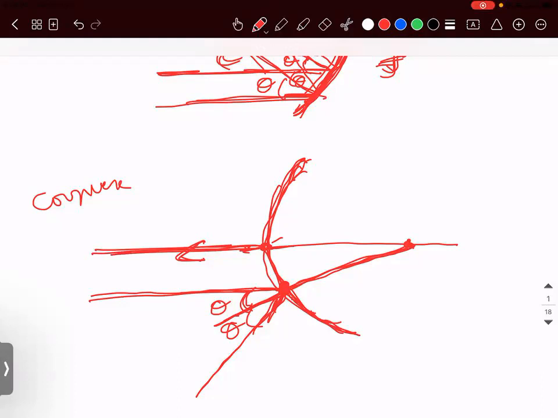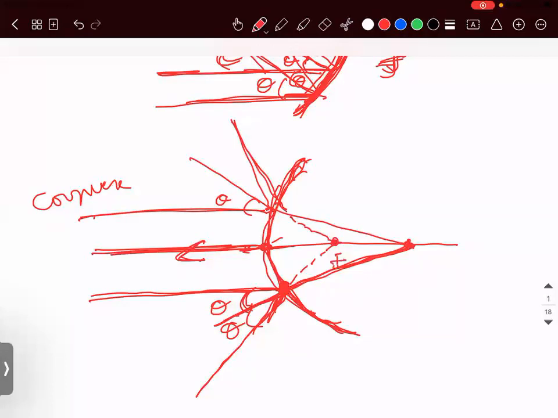So what will happen to this ray? If you extend this ray, it will touch here, right? So again you take this normal. So this is theta. Again, the ray diverges, right? And if you extend this one, it will come here. So virtually, this is the focal point.